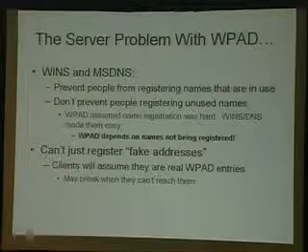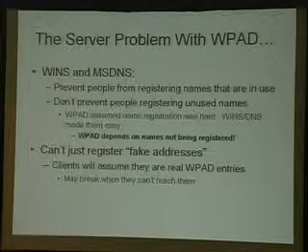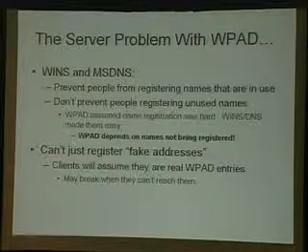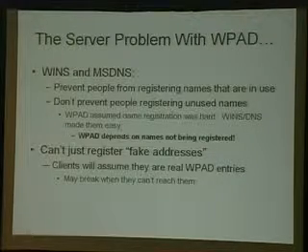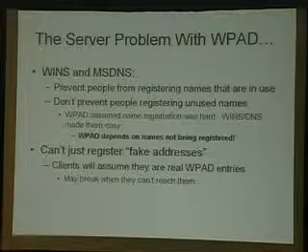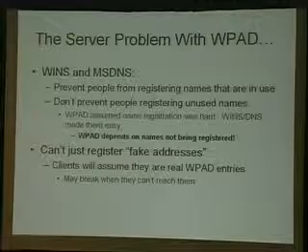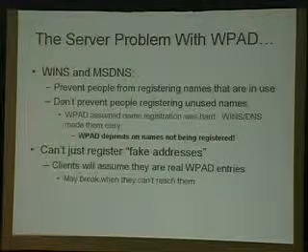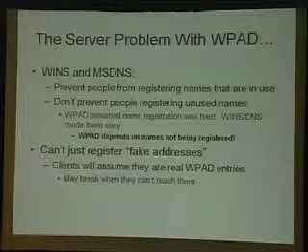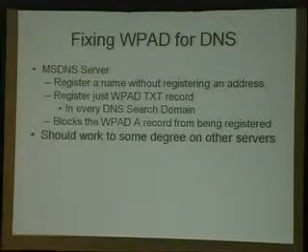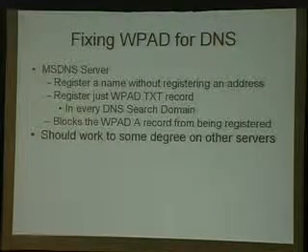You can't just register fake addresses. You can't just go to your DNS server and say, yeah, WPAD lives at 1234. There's all kinds of stuff in all kinds of places that will just break. It will believe you when you say there's a proxy server at that address, and when it can't find the proxy server at that address, it'll crap itself and fall over. So what do you do? Well, in MSDNS, you register a name without an address. It's pretty easy.